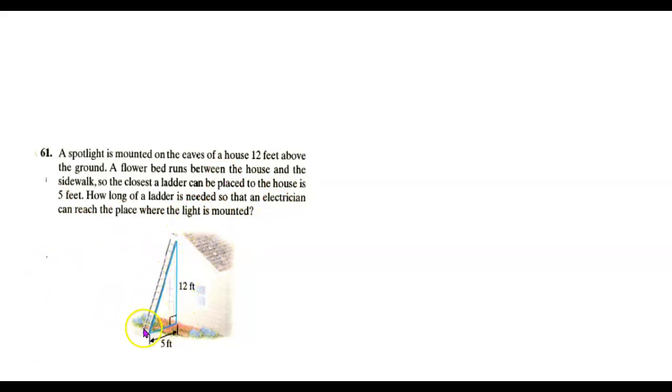We've got a right triangle going on here, and the ladder makes up the longest side, which is the hypotenuse of that right triangle. So the other two sides are 12 feet and 5 feet, and the missing side, the hypotenuse, we're trying to find out how many feet long that has to be.